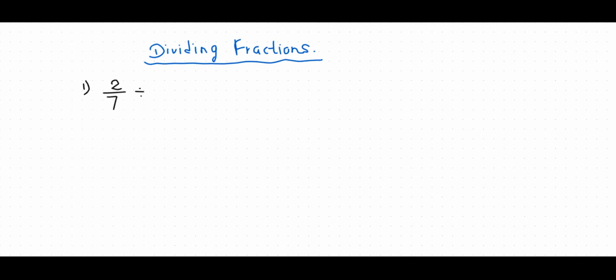Divide in fractions. First one, 2/7 divided by a whole number. We'll take 10. Second one, fraction divided by another fraction.